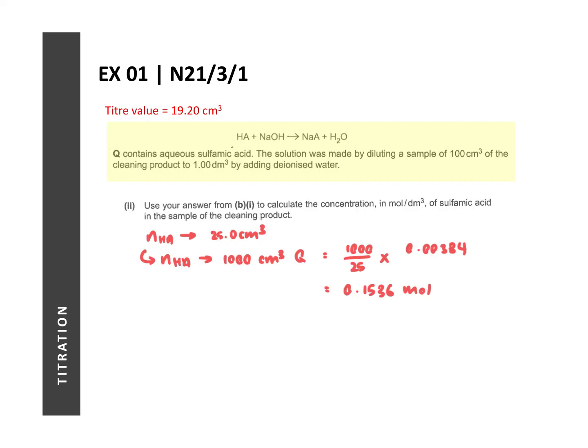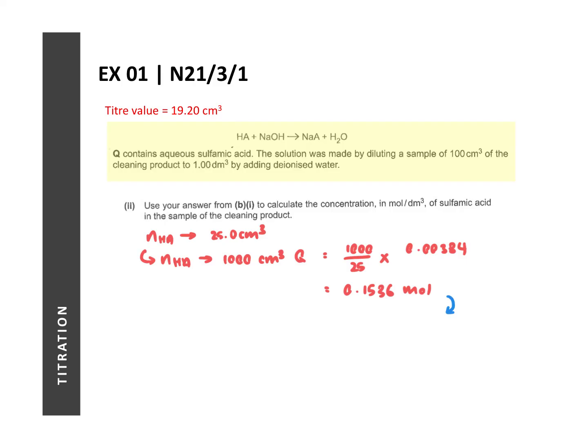Next, in order to find the concentration of acid in the sample, we need to realize that the sample was actually diluted from 100 centimeter cube to 1000 centimeter cube in order to produce Q. So there are two ways to get the concentration of the sample. I'm going to make use of this: the number of moles of acid did not change during dilution.